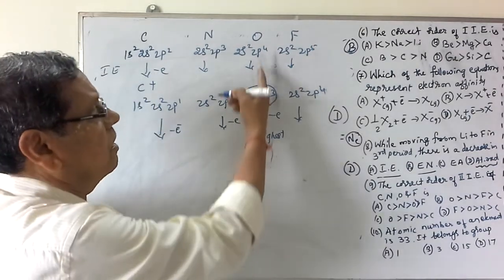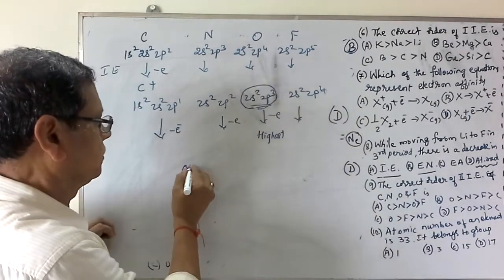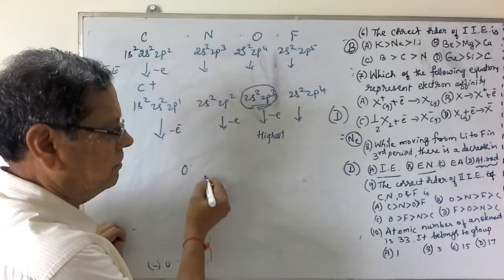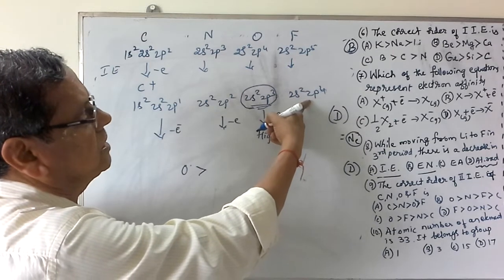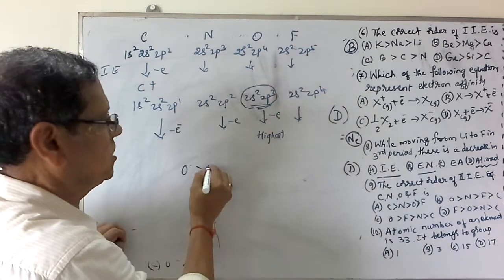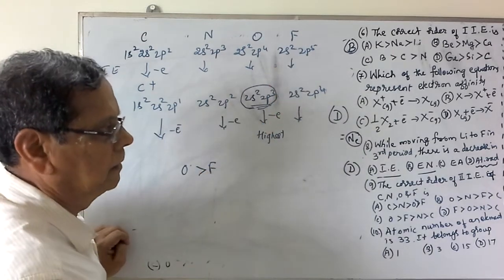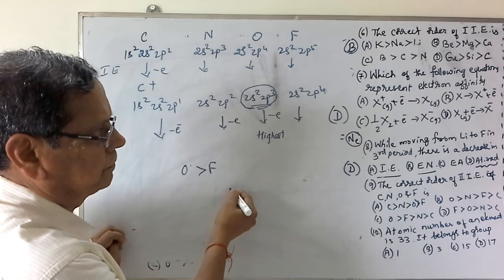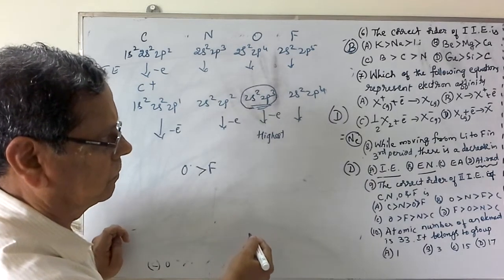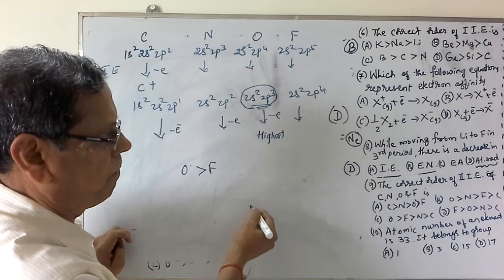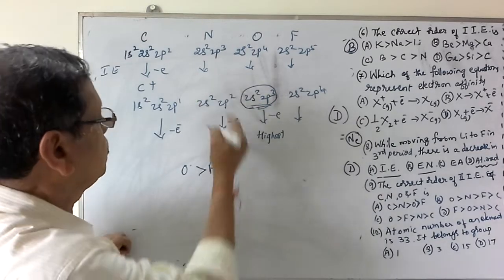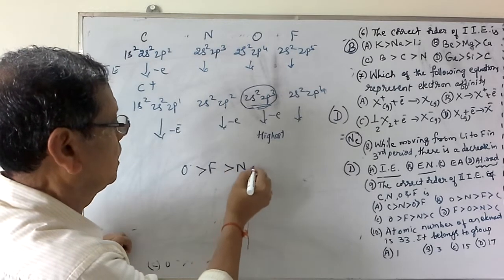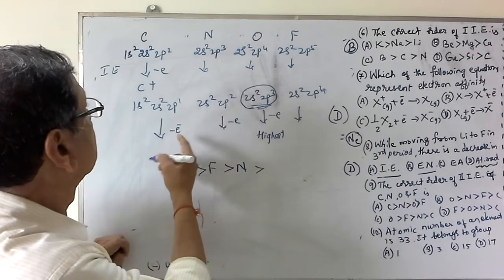So oxygen is the highest, then comes fluorine because of increasing nuclear charge, then nitrogen, and then carbon.